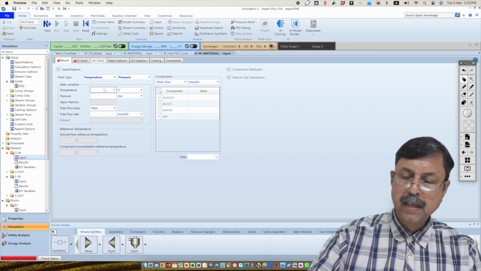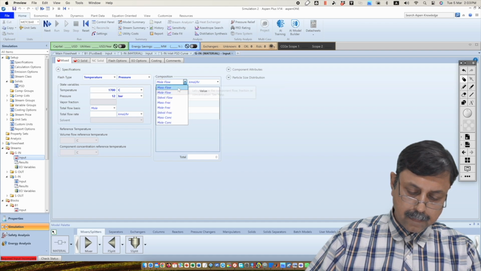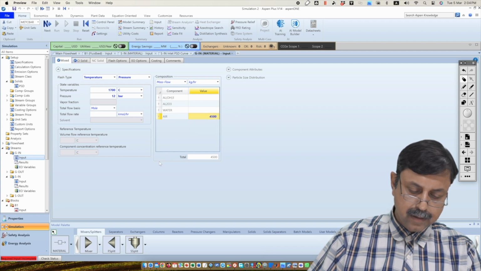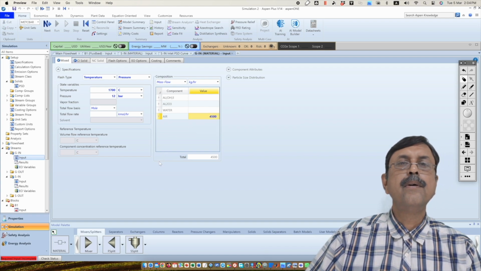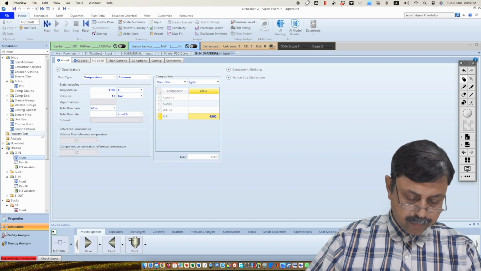Type in over here 1700, 12 bar, 4,500. So the stream input is complete.